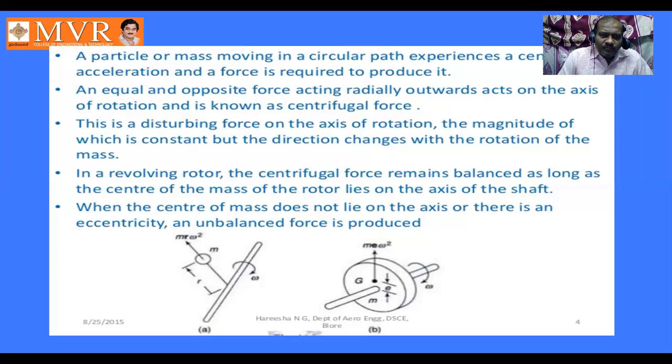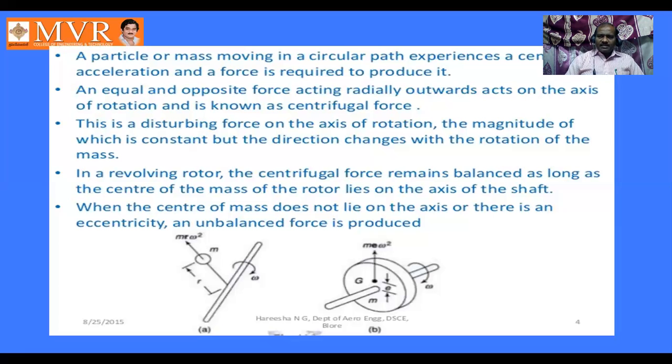When the center of mass does not lie on the axis, or there is an eccentricity, an unbalanced force is produced. So it is clearly mentioned in the second point. When the center of the mass does not lie on the axis, or there is an eccentricity, due to that an unbalanced force is produced.